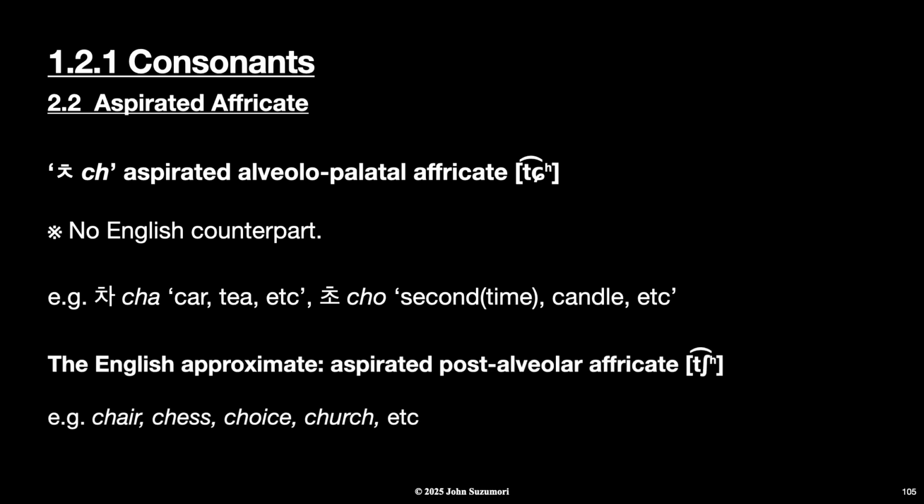The English approximate for this phone is the aspirated post-alveolar affricate. The phone appears in English words such as chair, chess, choice, church, etc. As mentioned before in this lesson, the alveolo-palatal affricate places the tongue slightly more forward than the post-alveolar affricate.